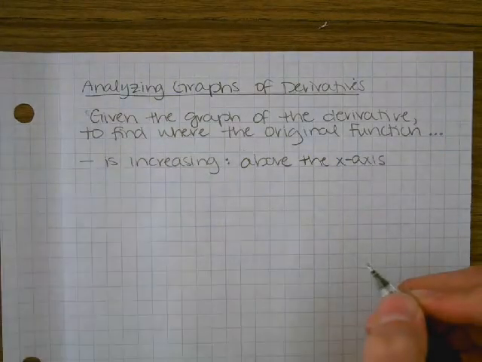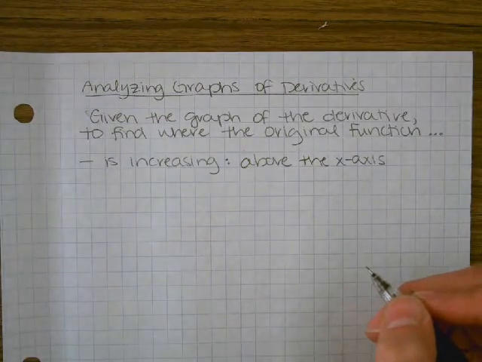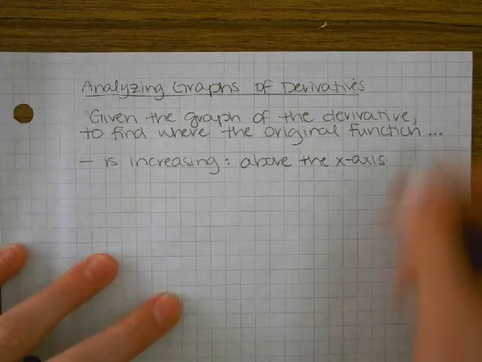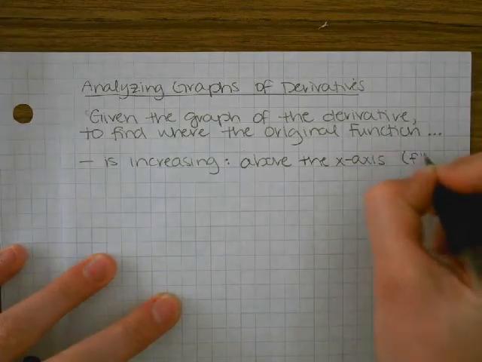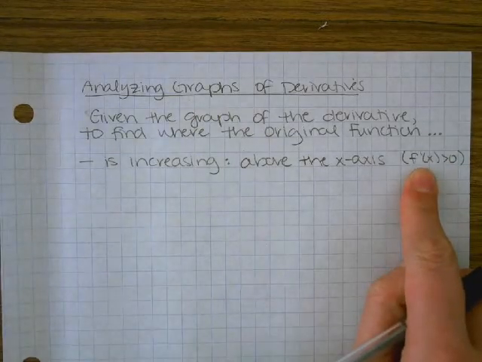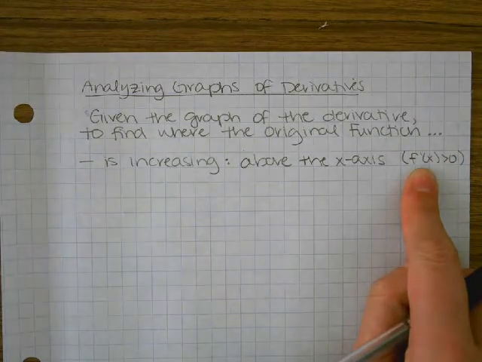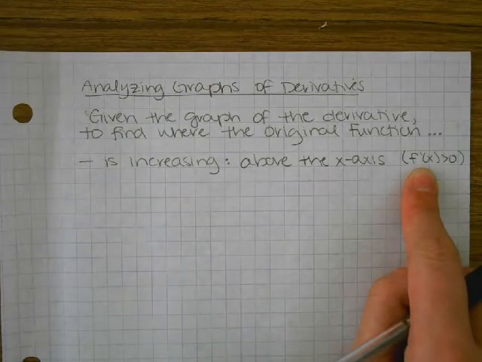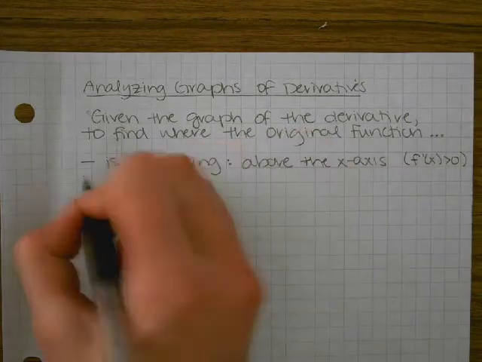And the reason that we're going to look at the part of the derivative's graph that's above the x-axis is because this is where f prime of x is greater than 0. And f prime of x is describing the slope of the original graph, and so that would be where the slope of the graph is positive, and positive slopes are where it's increasing.